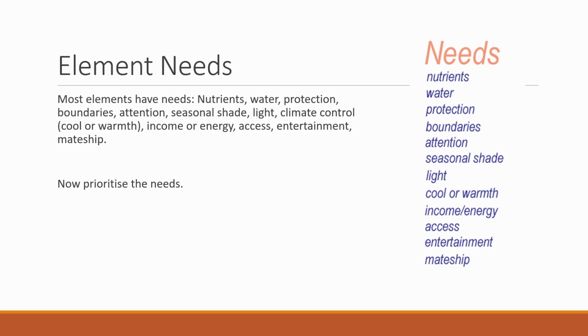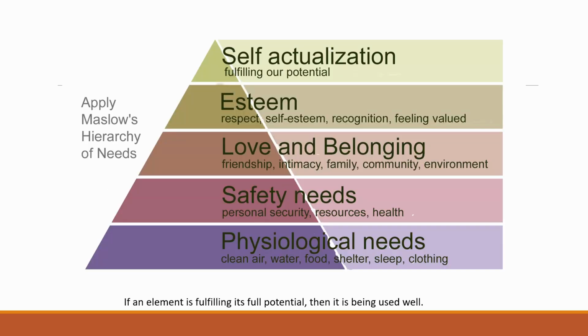Most elements need nutrients, water, protection, boundaries, attention, seasonal shade, light, cool or warmth, we can call that generally climate control, income or energy, access, entertainment and mateship. And we would be wise to prioritize those needs. Here's how Maslow prioritized the needs for people.